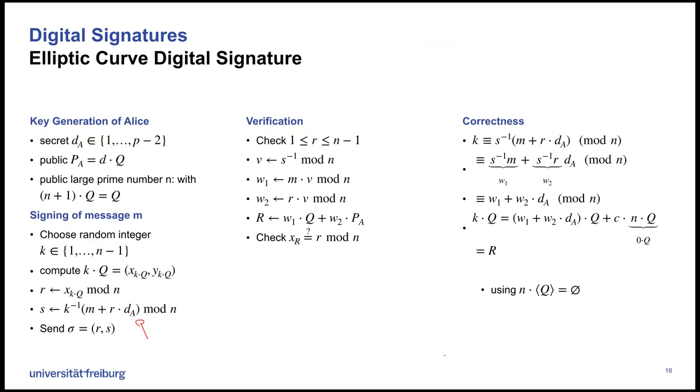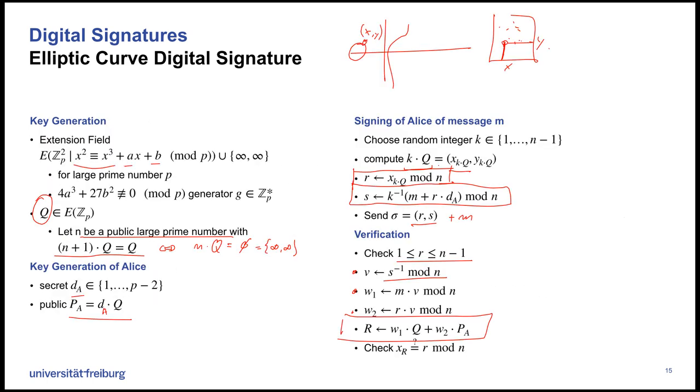So first of all, what we do is we check at the end whether x_R is equal to r. So we take the x coordinate of R and compare it to the x coordinate of the other one. Again, we compute something and we hope it's the same and only look at the x coordinate. The idea here is that this is a simple function of this point, so we are basically throwing away the y coordinate.